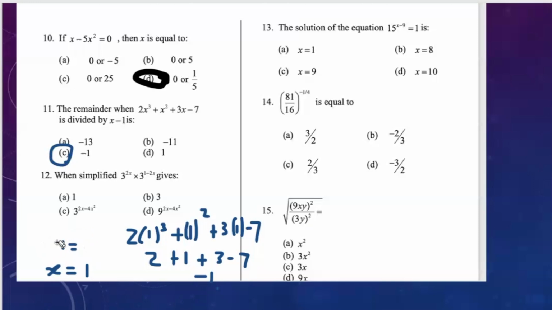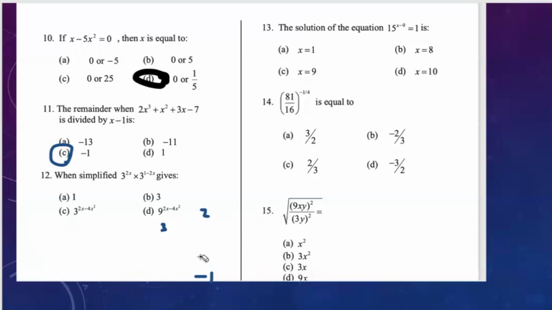Number 12 is asking us, when simplified, 3 to the 2x times 3 to the 1 minus 2x gives us which of the following? So we have 3 to the 2x times 3 to the 1 minus 2x.